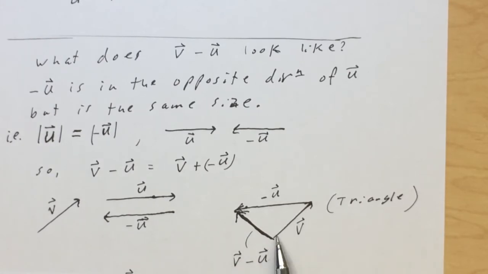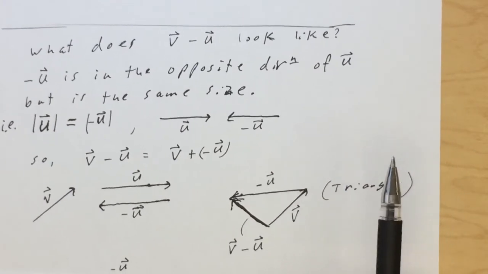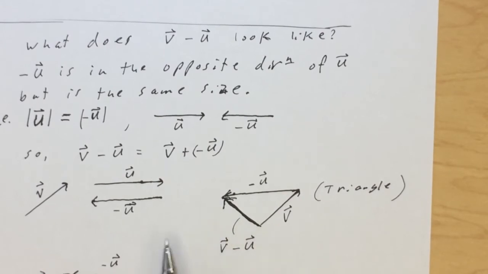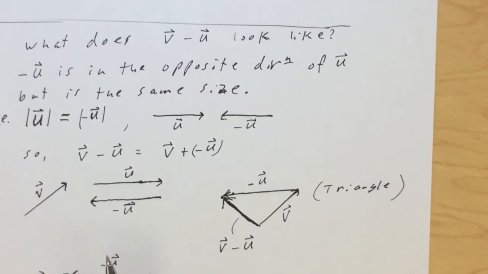So v here plus negative u, and the resultant is here. It's the shortest path from the beginning to the end. Okay, so that's using the triangle law.